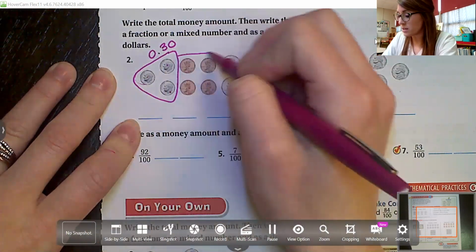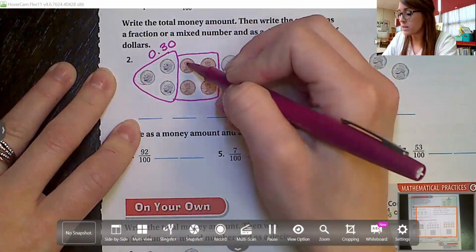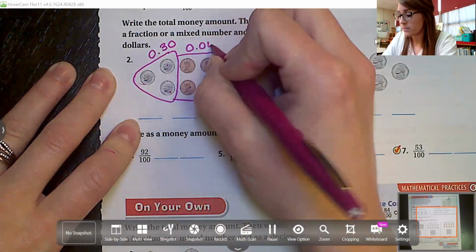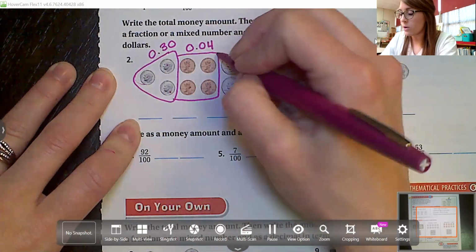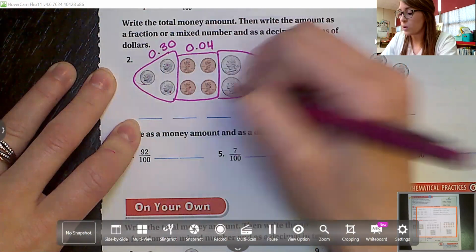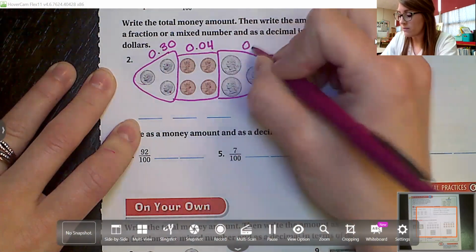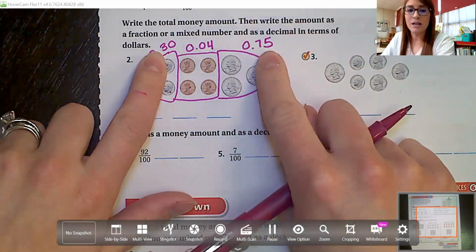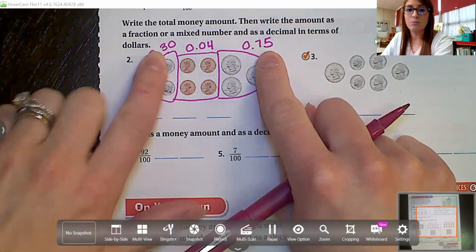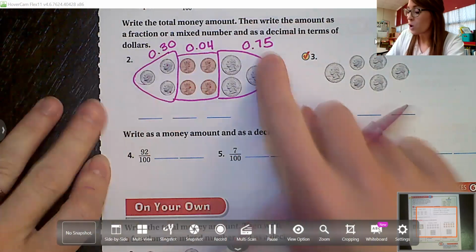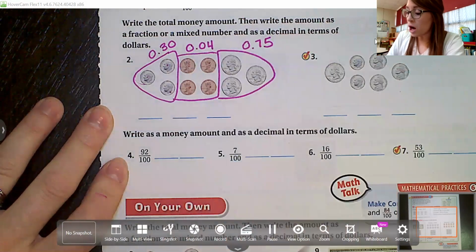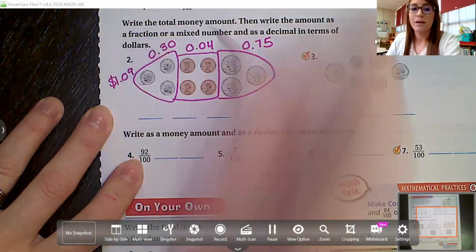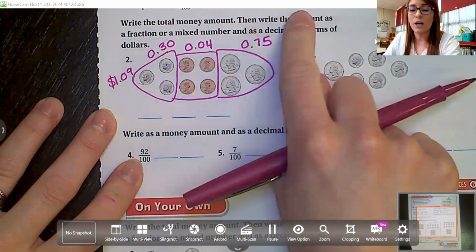Then we've got 4 pennies: 1 cent, 2 cents, 3 cents, 4 cents. And then our quarters: 25, 50, and 75 cents. So 75 cents plus 30 cents is $1.05, plus 4 more cents, so we've got $1.09.